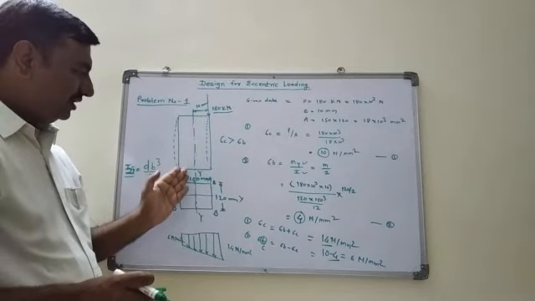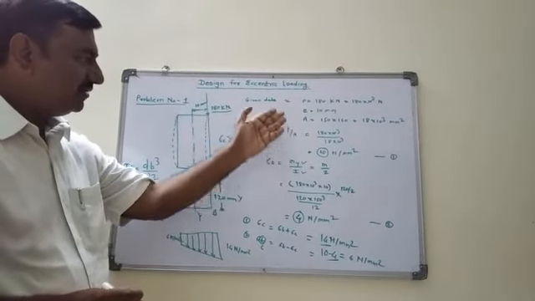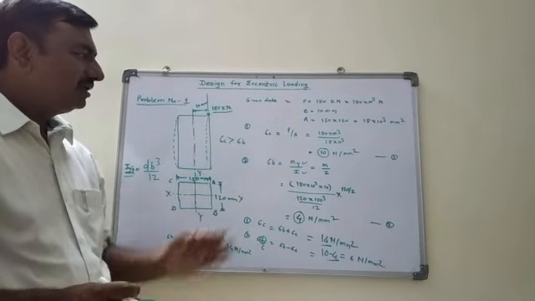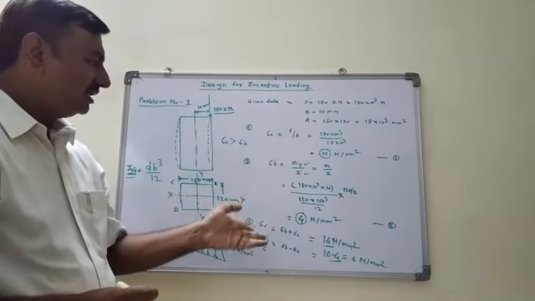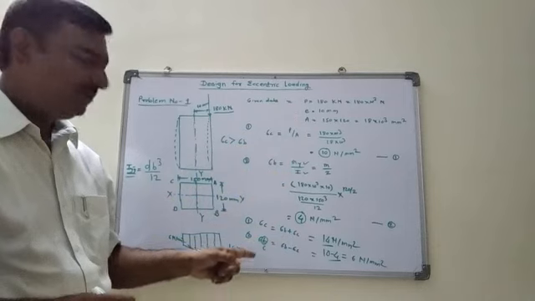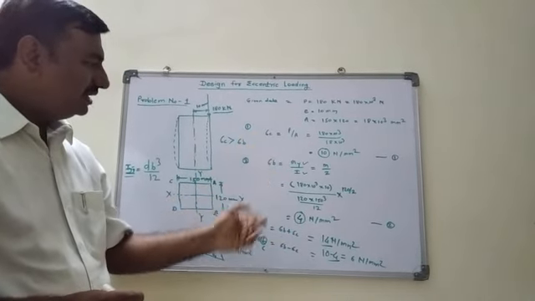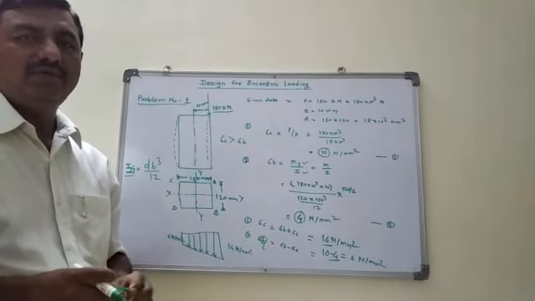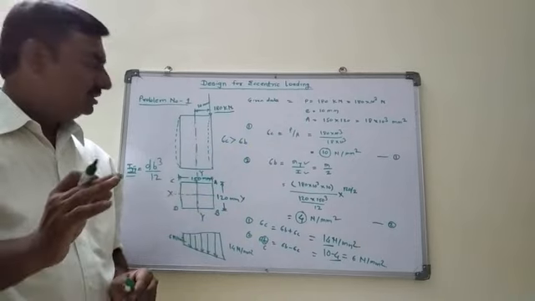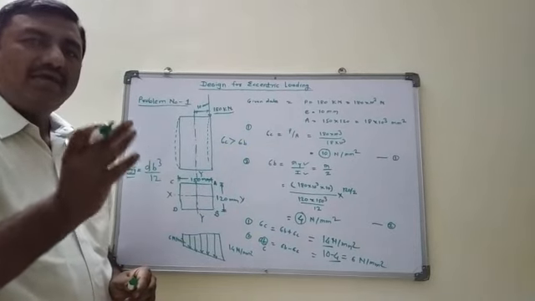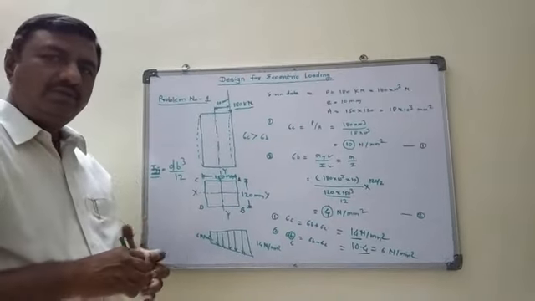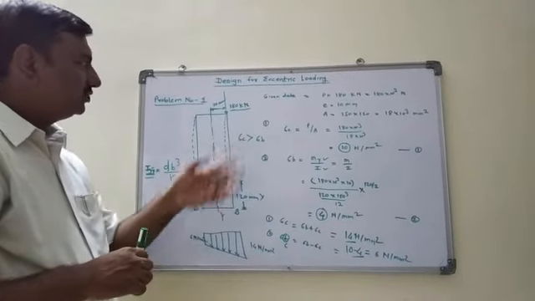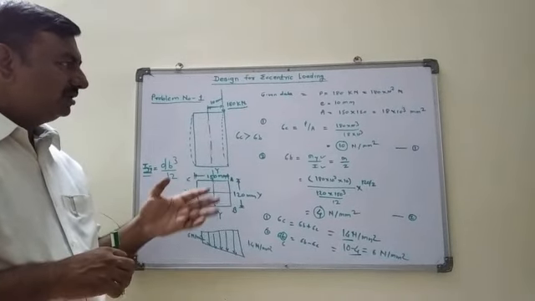This is the figure, this is the given data, and by considering the effect of both the compressive and bending stress, we finally have the magnitude of the stresses at the inner and the outer fiber. So this completes the solution for this problem.